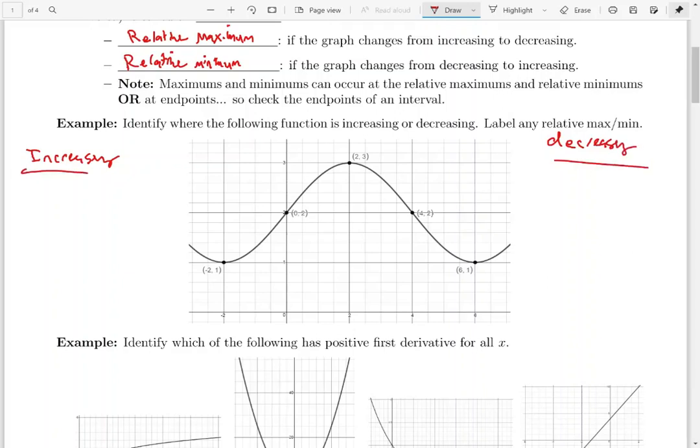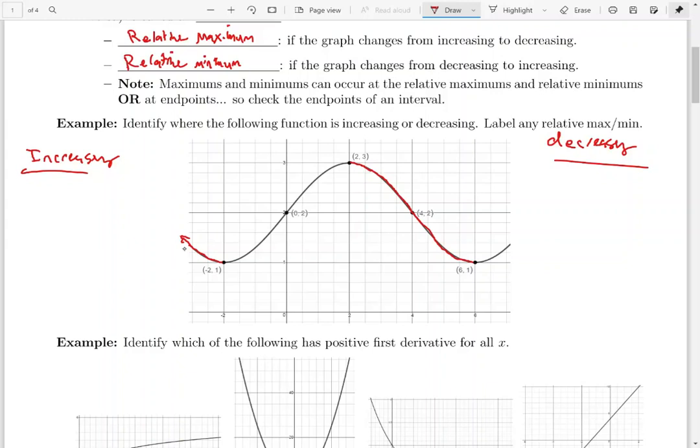When we look at this function and see where it's decreasing, how about I trace decreasing? Well, if I'm assuming this graph continues forever, it's decreasing from here to here, and then it's also decreasing from here to here. We can also describe where the function is increasing and decreasing using inequalities or interval notation.